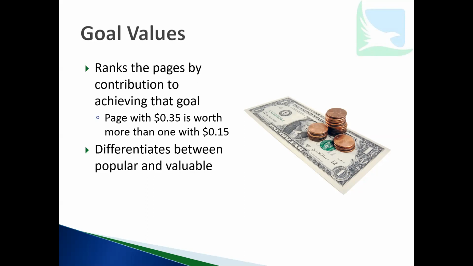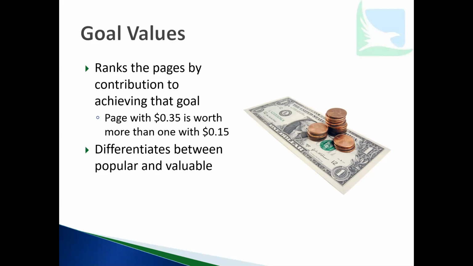I try not to get into the mechanics of how it works because that's not terribly important. What's really important to understand is the result. If you put a $1 value on the goal, and a page has a higher number than another page, then the page is worth more and has a higher chance of achieving the goal.